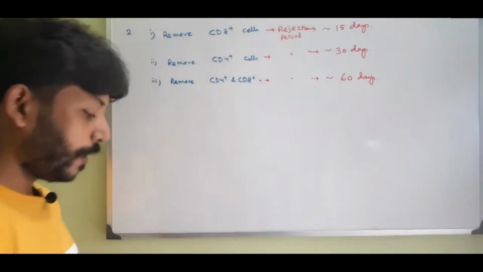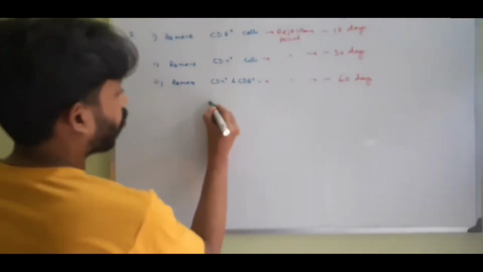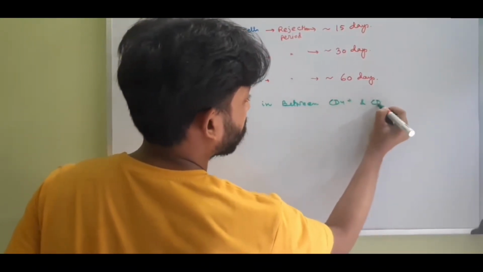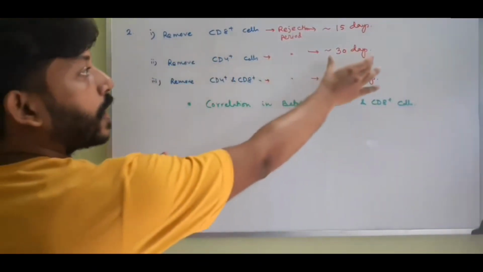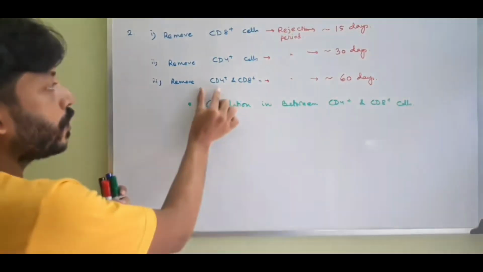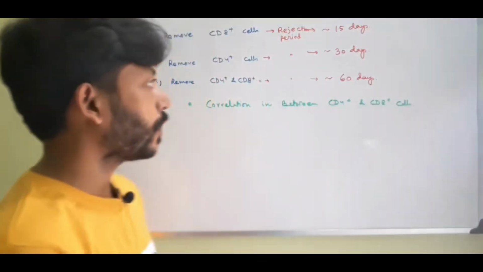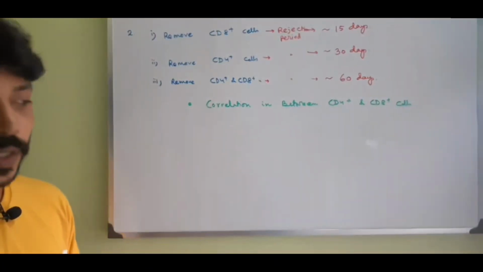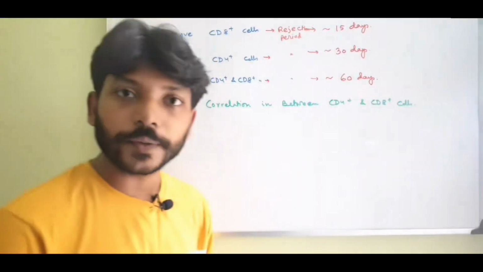So from these three sets of data they came to the conclusion that there is a correlation between CD4 positive and CD8 positive cells, because when they removed only CD4 cells it takes 30 days to reject, but when they removed both CD4 and CD8 cells, the mice take approximately 60 days. So the time required to reject the tissue is prolonged.